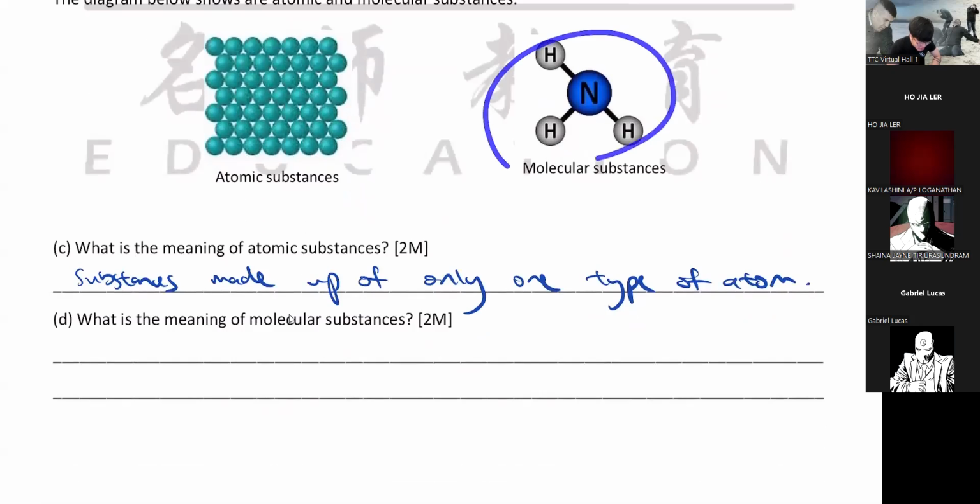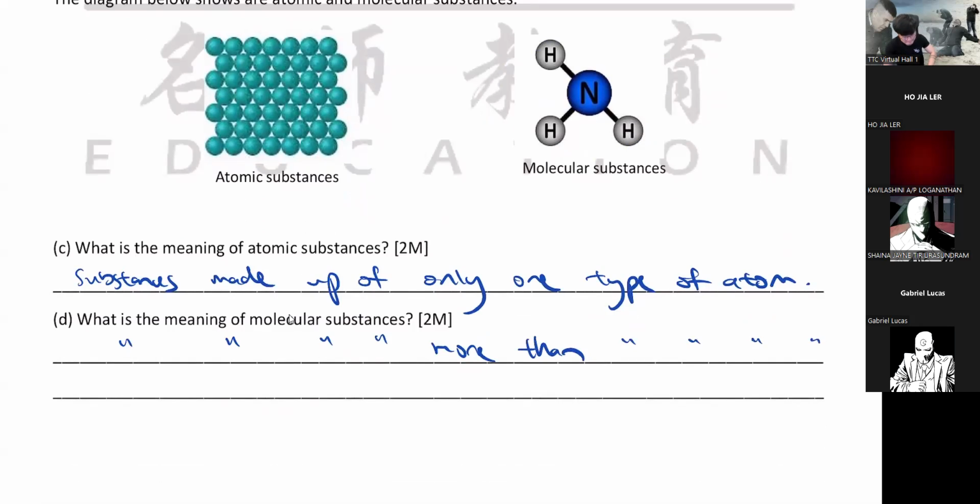What about molecular substance? Molecule made up of more than one type of atom. Just now it's only one, now it's more than one. I just put dots here because it's the same thing, I don't want to write twice. So this is only one type, this is two types, so this is a molecule.